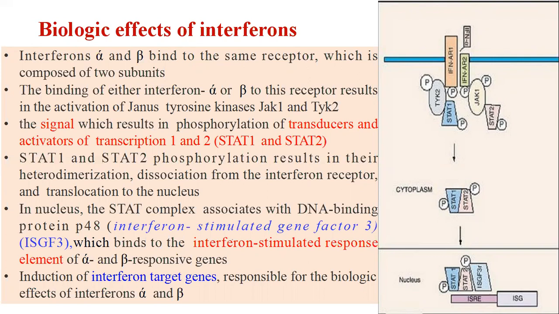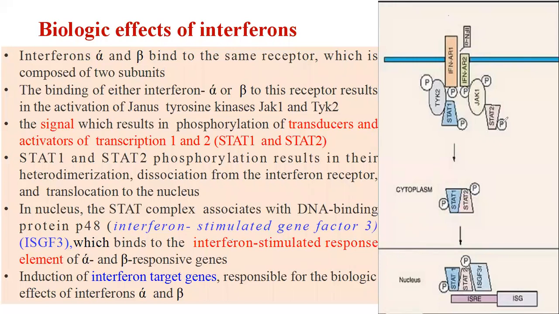Here in this picture you can see the receptor. This is your JAK1. It is a kinase, so phosphorylation will happen, resulting in phosphorylation of the signal transducers and activators of transcription, STAT1 and STAT2. Here is STAT1, the blue one, with its phosphorylation, and STAT2, the pink one, with its phosphorylation.